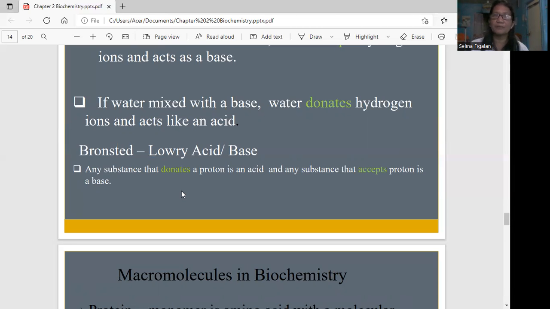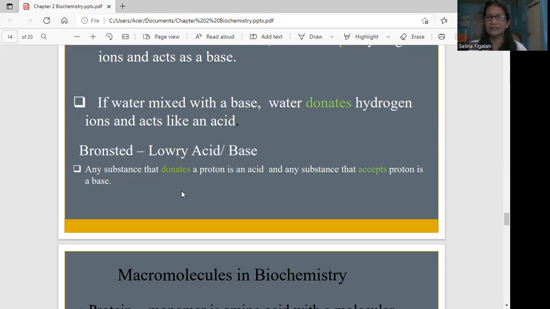So once na nagbigay ang ating water ng hydrogen or proton into a substance, it is an acid. But if this water accepts protons, okay, it is a base. Okay, so you have to depend your analysis on the Bronsted-Lowry acid base under the qualitative.